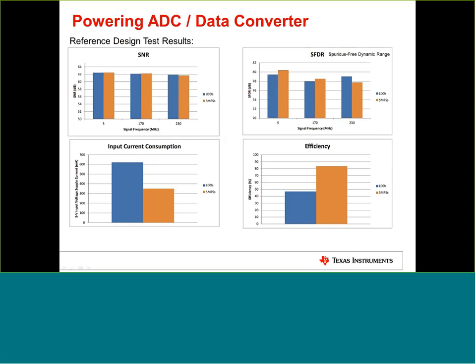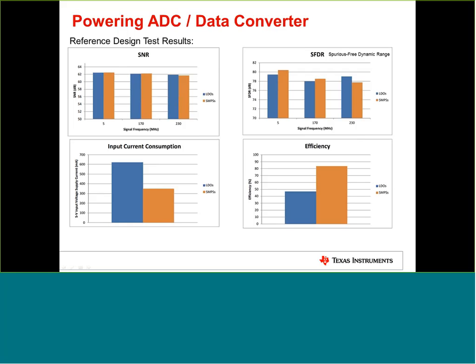Starting from the top left side, we can see the performance of the signal to noise ratio. In this case we have, for example, 3 different signal frequencies. And as you can see, there is really a small difference between the LDO and the SMPS solution.